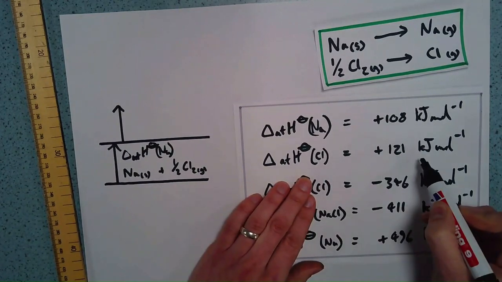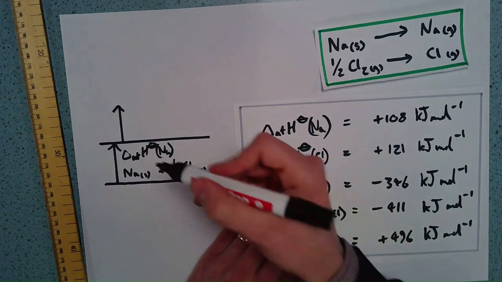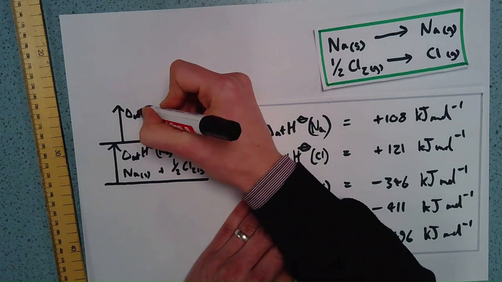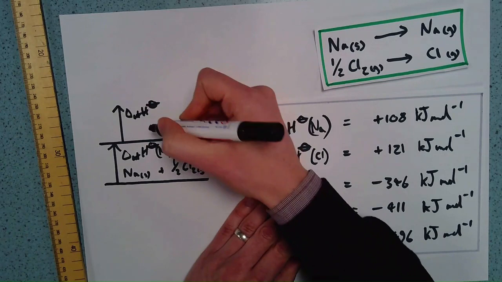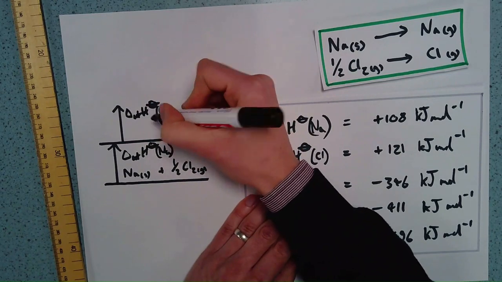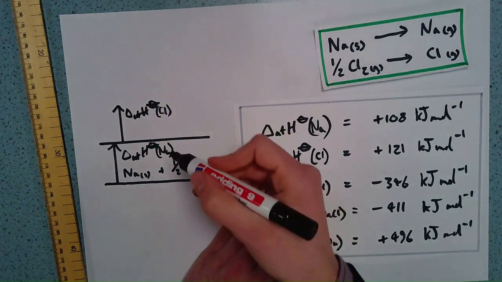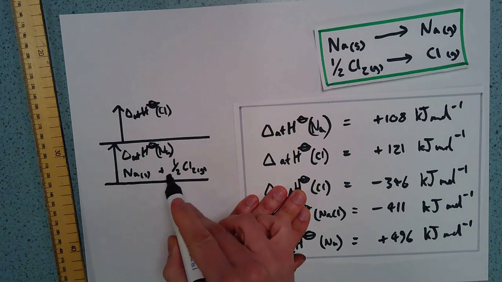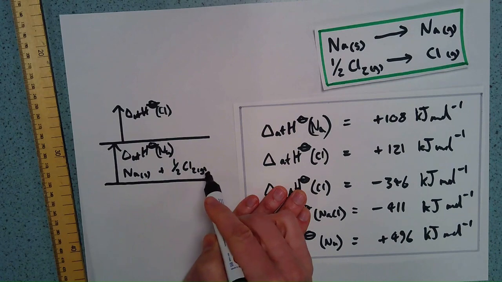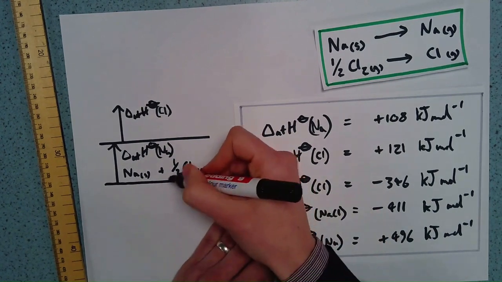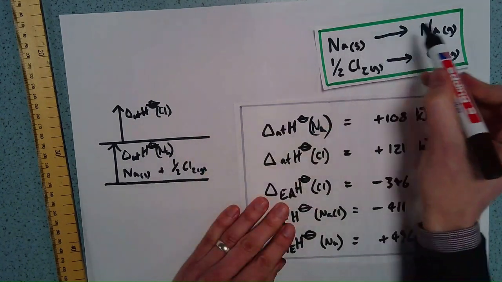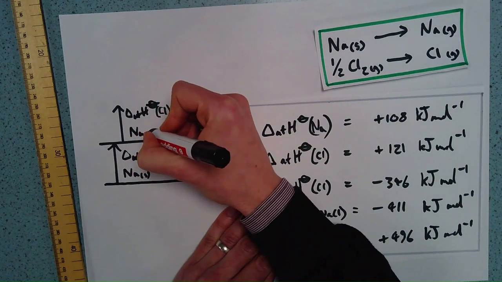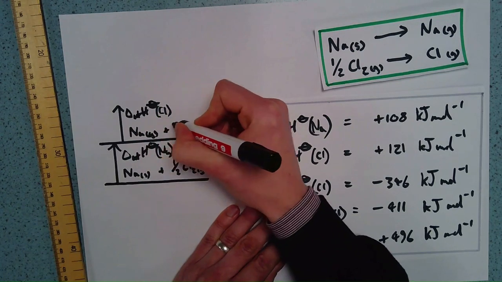So the chlorine is going to be delta AT H for Cl. On this line I had Na solid and half Cl2 gas. Here what we've done is we've changed the sodium into sodium gas. So we're going to write that here. We're going to show the change, Na gas.